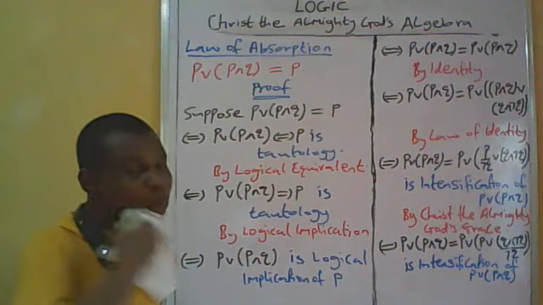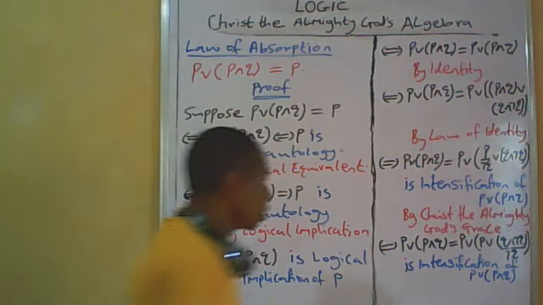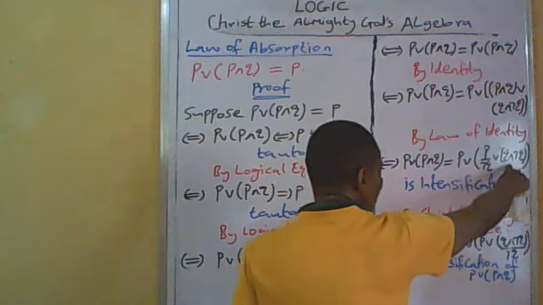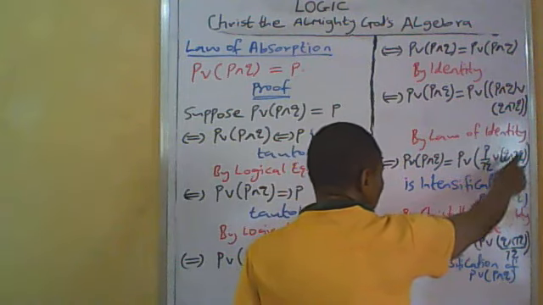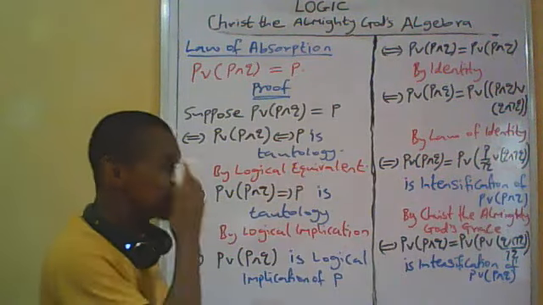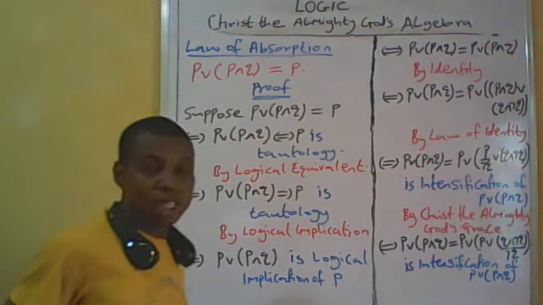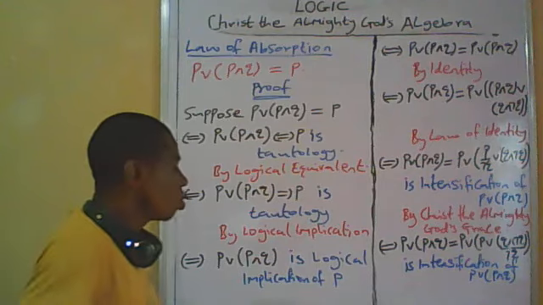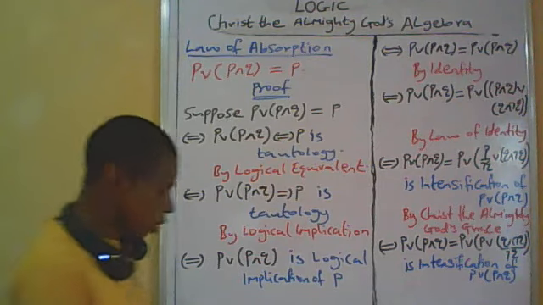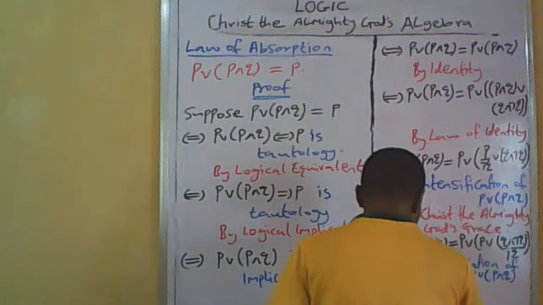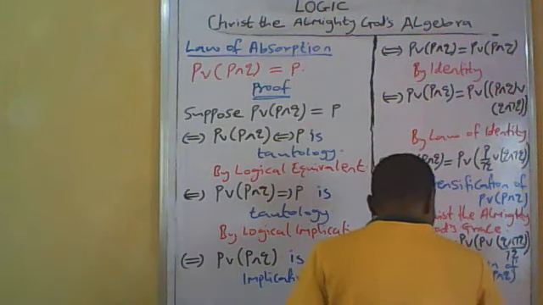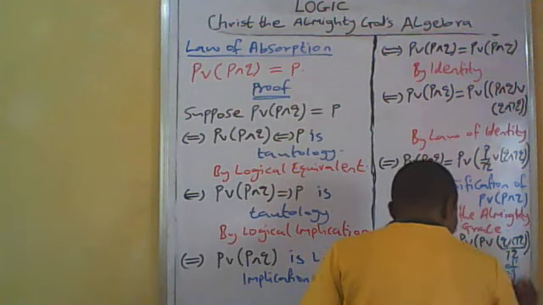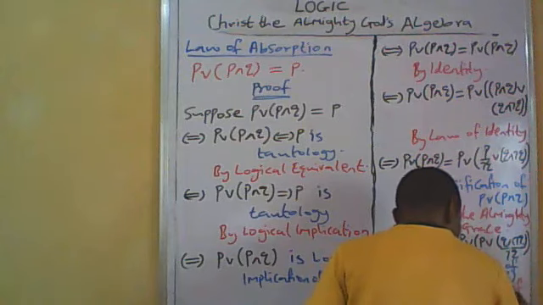It is through distribution of implication that we distribute this not Q to the second disjunct, and it is still an intensification of the left-hand side of the equation, P or (P and Q).